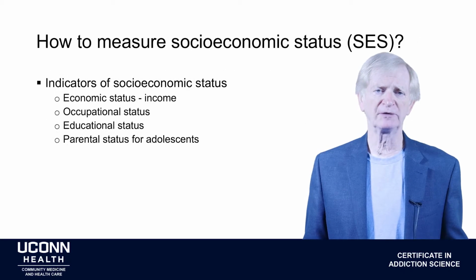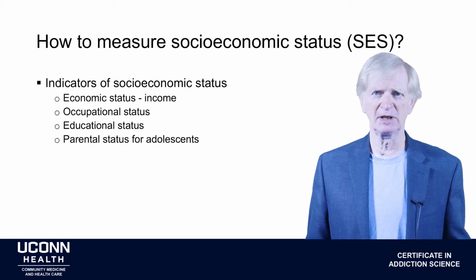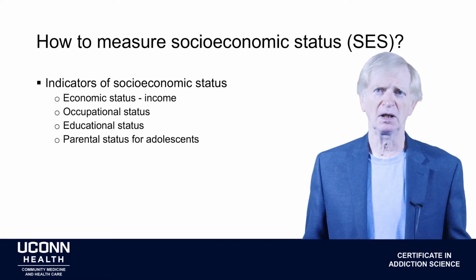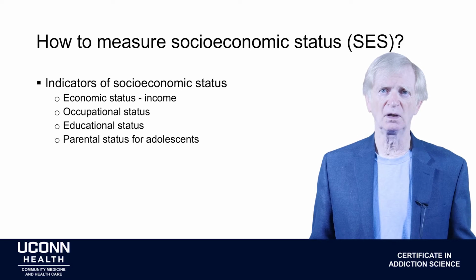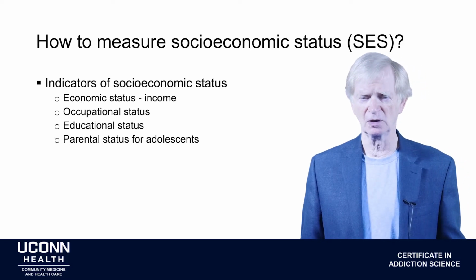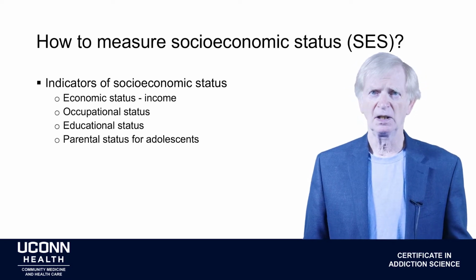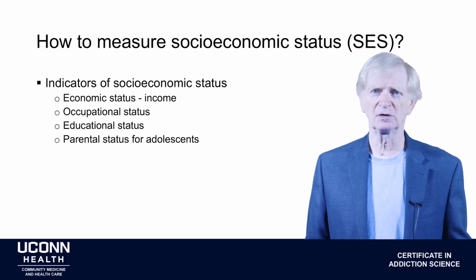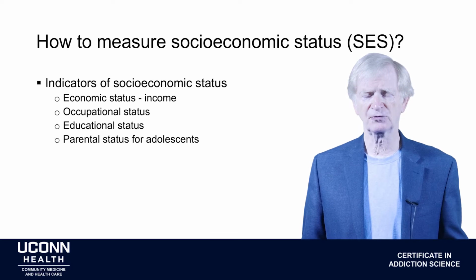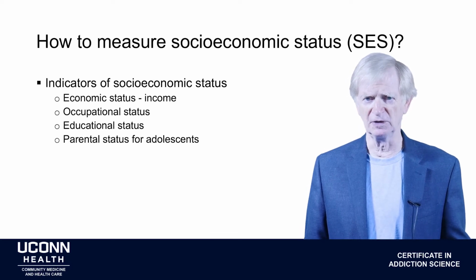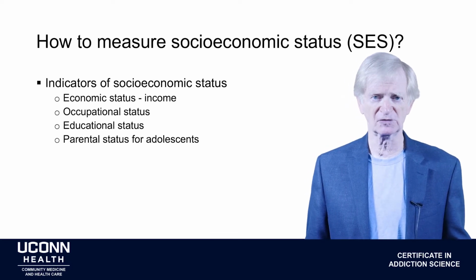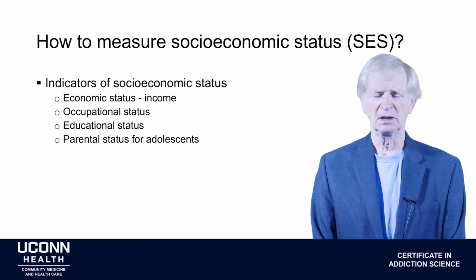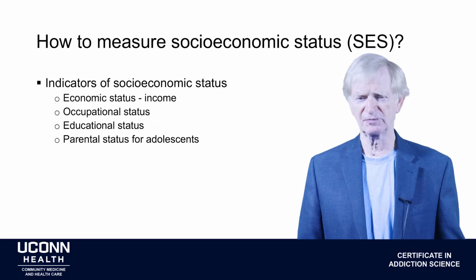We also would want to measure socioeconomic status, whether it's income, occupational status, or the amount of education a person has. Income, occupation, and education are three basic ingredients in the measurement of socioeconomic status, which is an important variable in the type and amount of substance use.